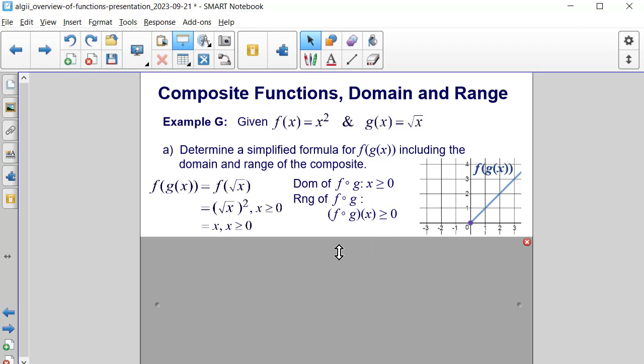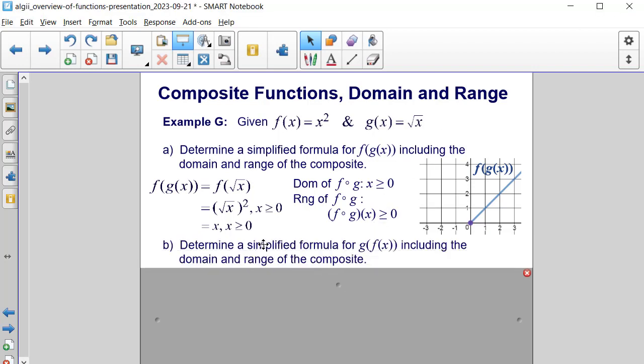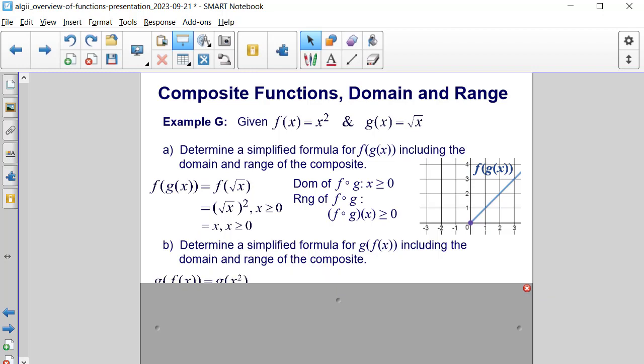Now let's look at the next example. We have to determine a simplified formula for g of f of x, including the domain and range of this composite function. So this time, f of x is the innermost function. So we're taking x squared and we're substituting it into g of x. So we're doing g of x squared.